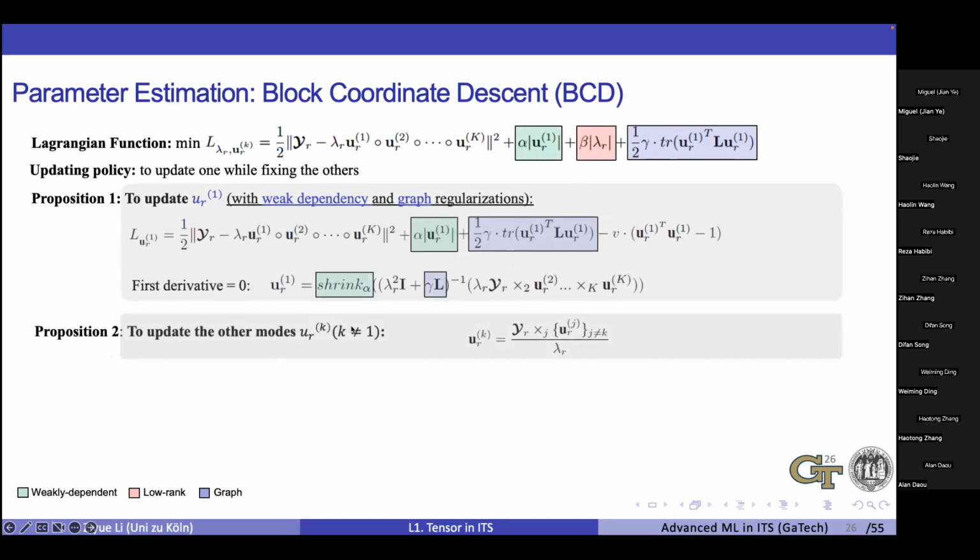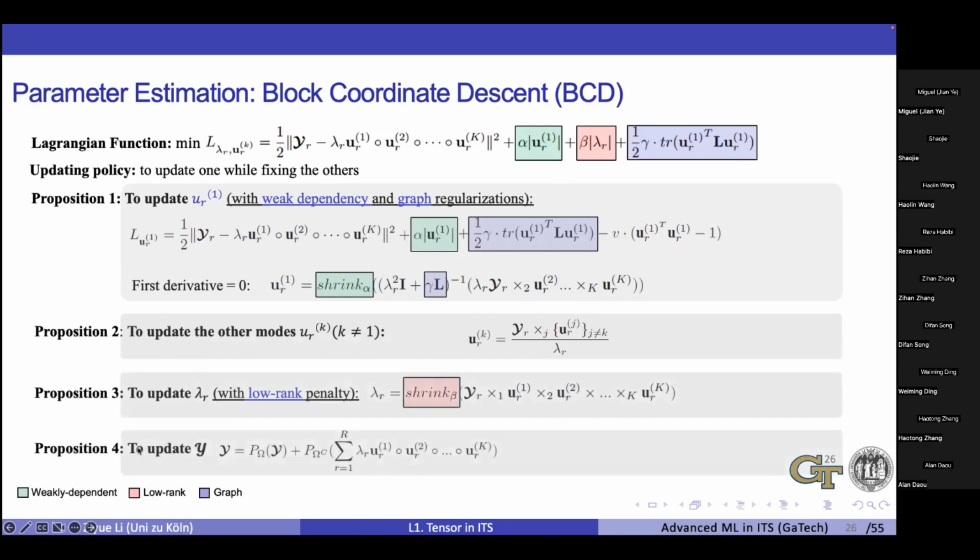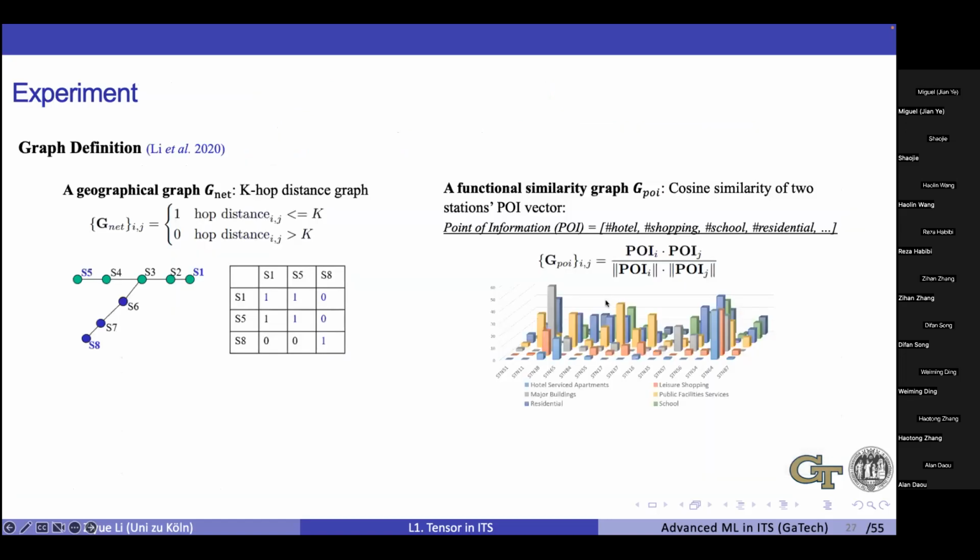Similarly, for the U that is not U1, which means we don't have the weak dependency and Laplacian penalty anymore, it's quite an easy closed form. And for lambda, it's like this. And for Y, it's important. For the observed set, we directly use the data X. And for the unobserved ones, we use the CP decomposition result. Okay, so this is the parameter estimation.